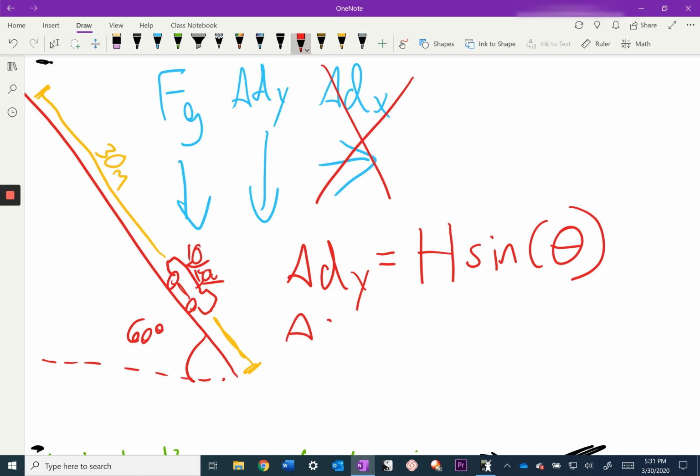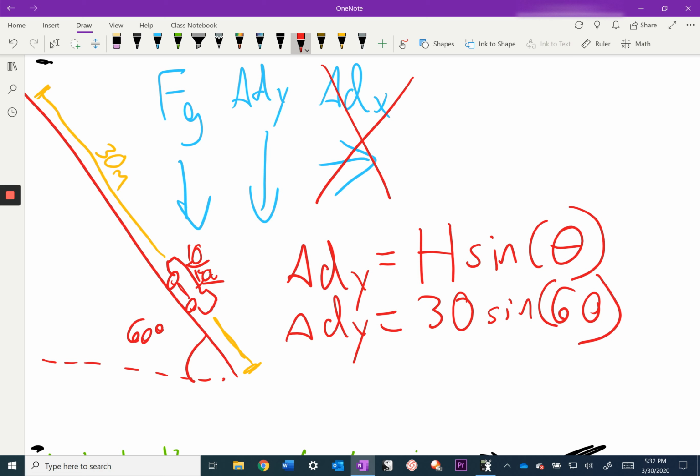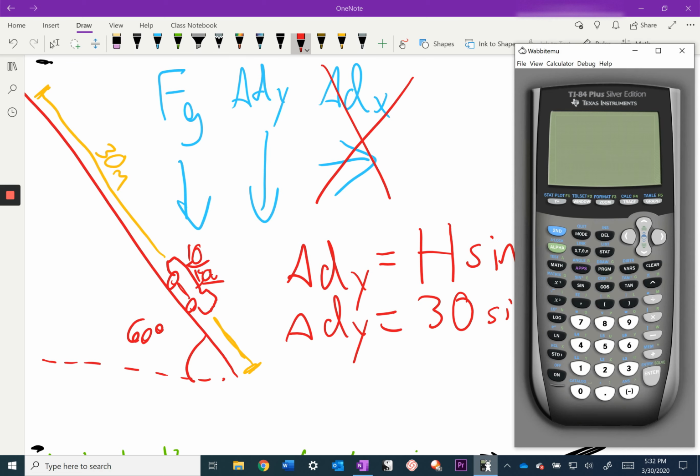So our displacement in the y, our hypotenuse is 30 meters. And then we have sine, and our theta is 60 degrees. So we go ahead and pull up our calculator here. First thing we're going to do is make sure our mode is in degrees.